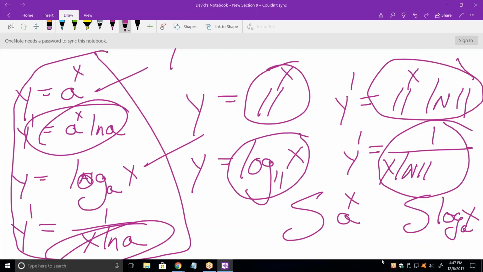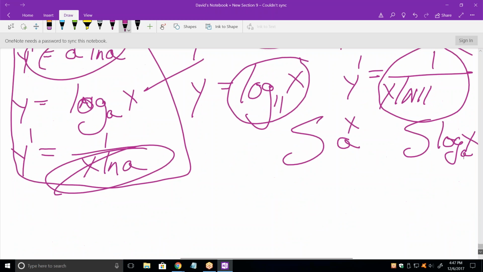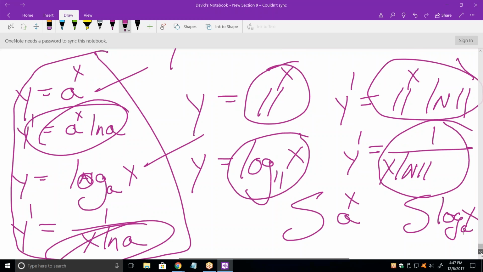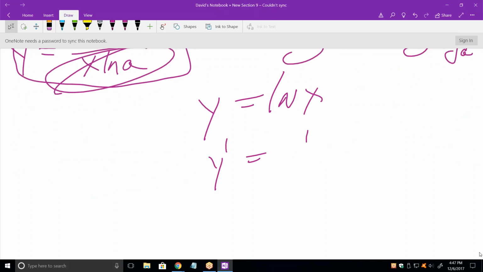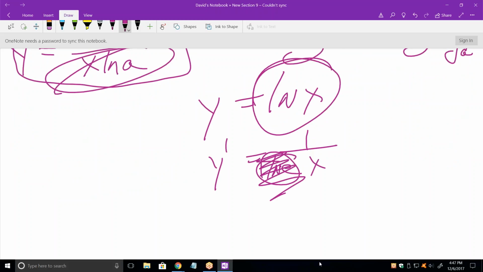The ones that are really easy are the natural logs. Notice that that's the easiest one of all. In other words, if y equals natural log of x, then y prime is just 1 over x, I could say, times the natural log of e, but that's 1, so I don't need to. So natural log is the log of calculus.